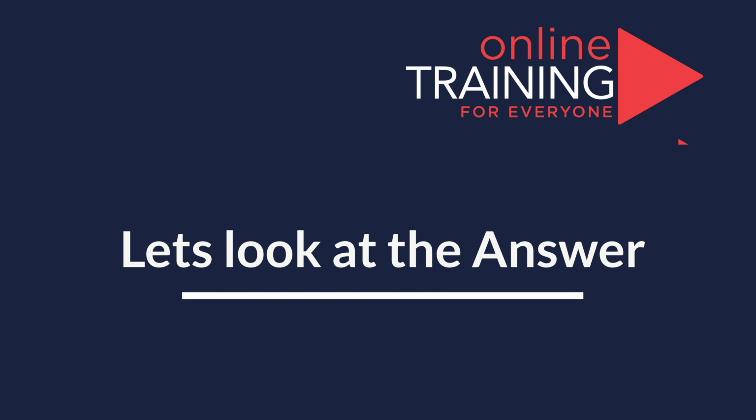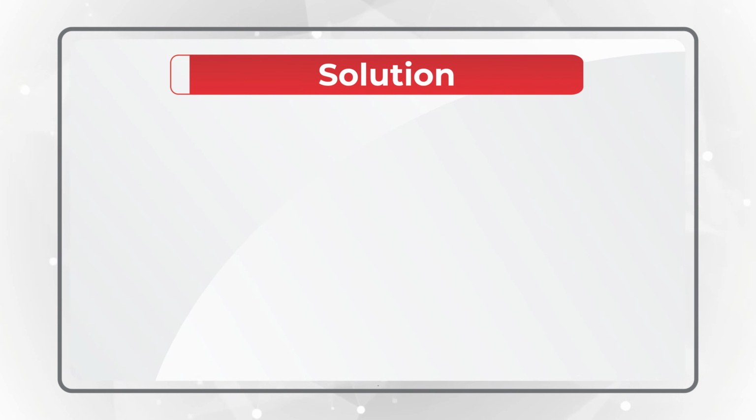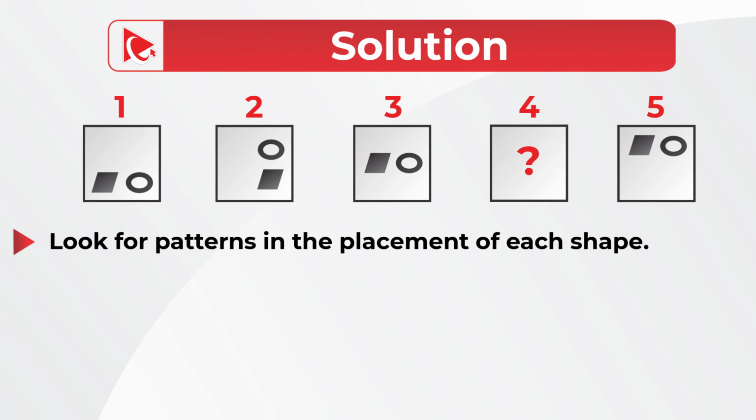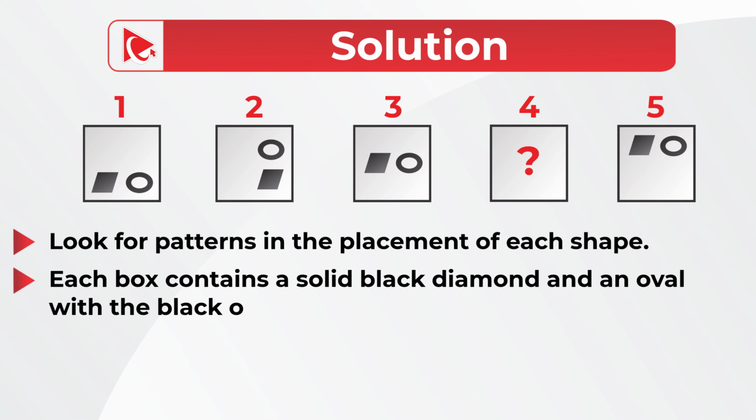Are you ready? Let's move forward and get to the correct solution together. You're probably tired hearing it, but my advice as usual, always look for patterns. And in this case, the pattern is location of the smaller shapes inside the square. You might have noticed that smaller shapes inside the circles are always diamond filled with black and oval with the black outline.